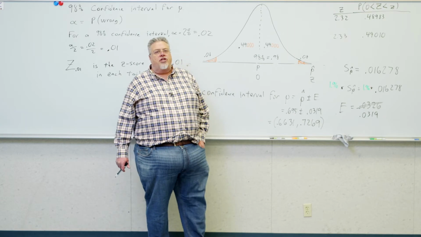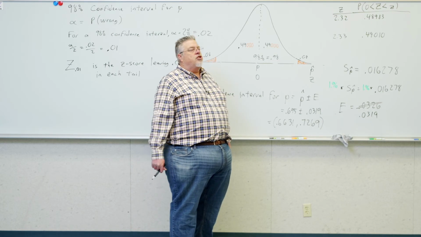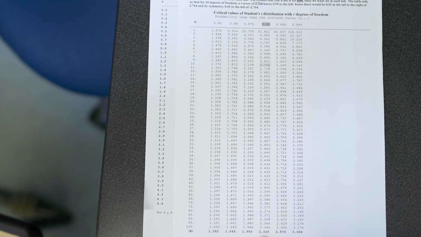Now, if I want more precision on this, there's a couple of ways to go. One thing that I haven't shown you yet is the t-table. We've got a picture of the t-table here, and we're going to ignore most of the t-table. All we're going to really use is the top line and the bottom line. Now the bottom line, where it has the infinity and it's in bold, those are z-scores. The top line is the area, but they don't give us the area in the tail. They give us the area to the left.